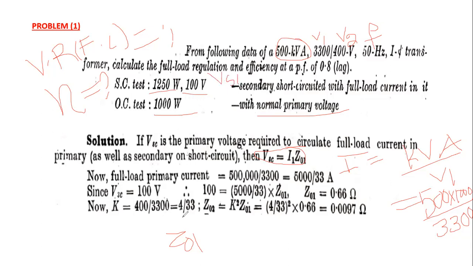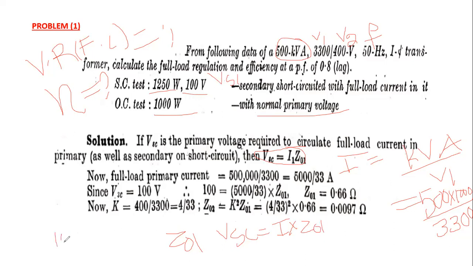The formula is VSC is equal to I into Z01, where I is the primary current.